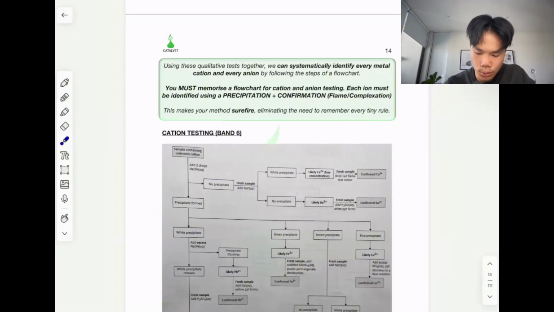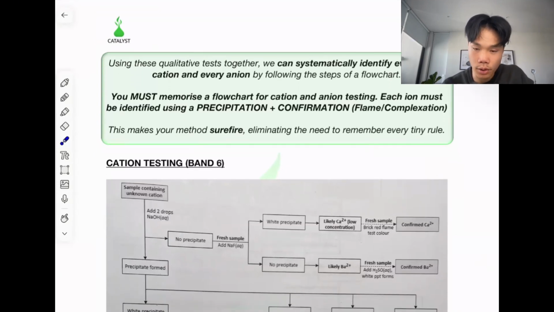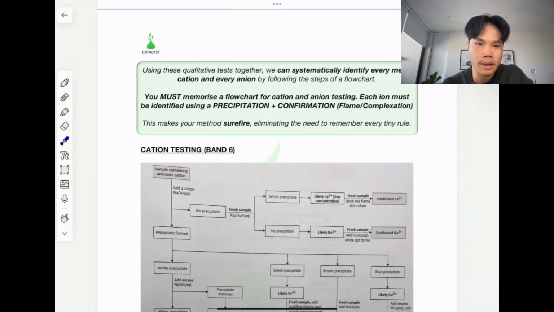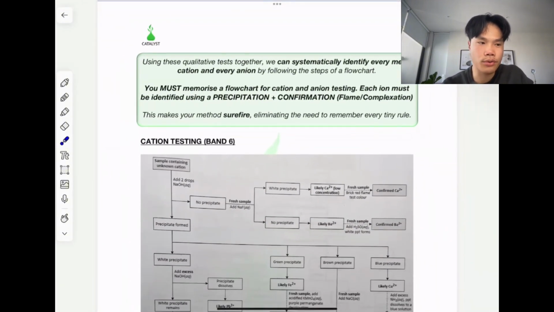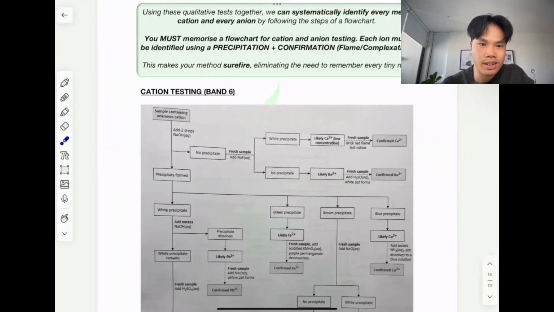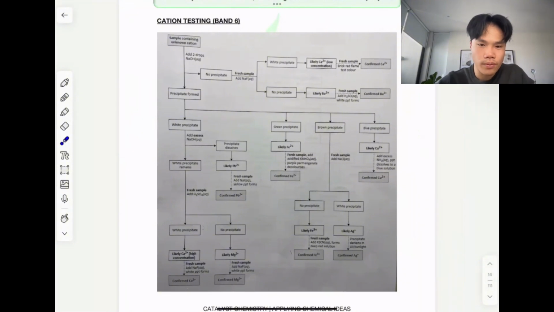So using all these qualitative tests, we can construct flowcharts which are able to systematically identify every metal cation and every anion by following the flowchart. Doesn't matter which flowchart you use, they all will get you there, but just whatever one you found is easiest to remember, basically just go with that one. These ones, I would say, are definitely on the more rigorous side of things.